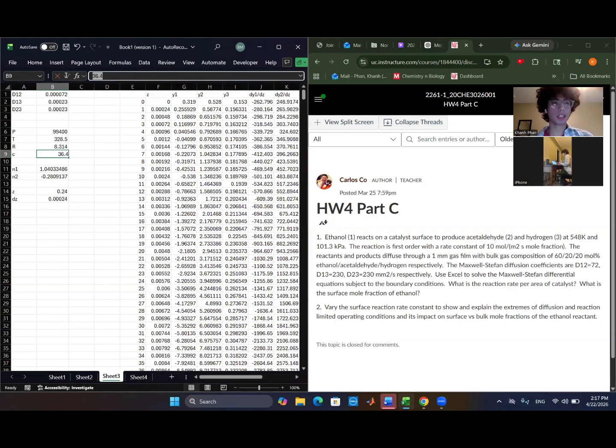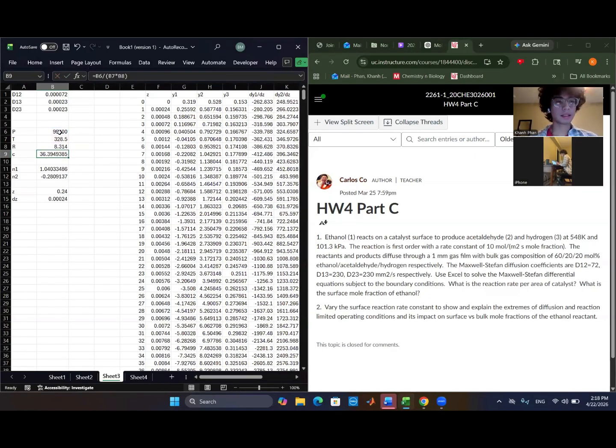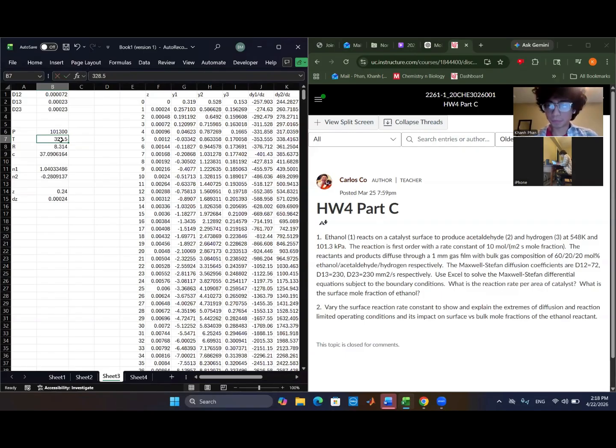Our concentration is just pressure divided by temperature times the gas constant. So we're going to make it equal P divided by T times R. And then we have P as 101,300 Pascal. Temperature is going to be 548 Kelvin.